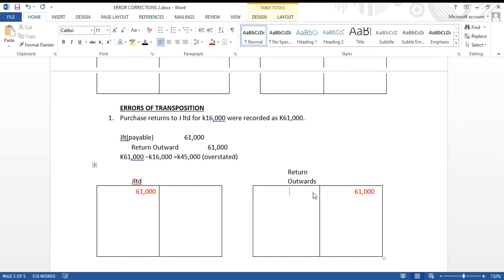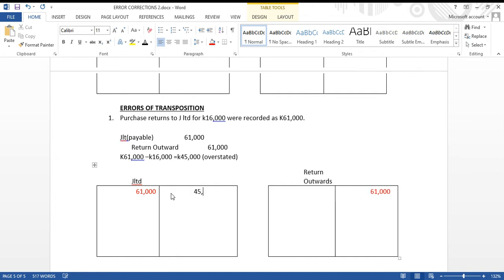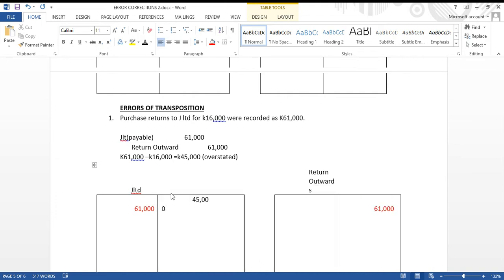So here we have to reduce each account. Since we have an overstatement of 61,000 on our debit side, we're going to credit J Limited 45,000. J Limited 45,000.